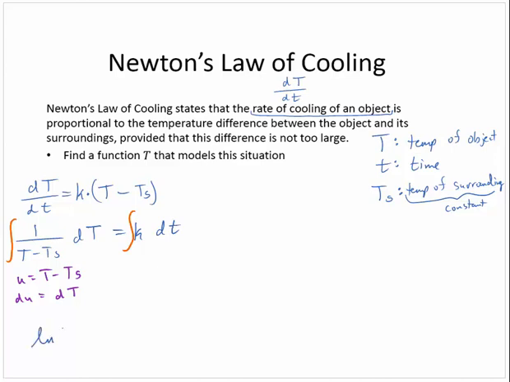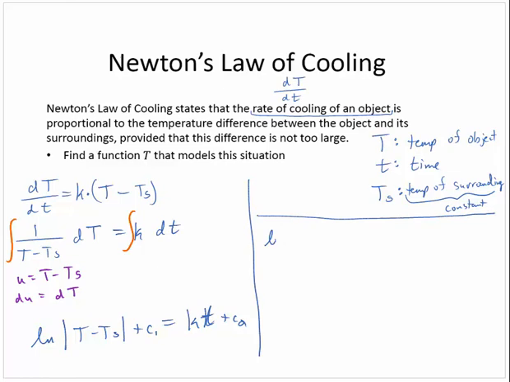So now the natural log of the absolute value of T minus T sub S plus a constant, I'll call it C1, is equal to kt, little t, plus C2. Again, I can write those two constants as a single general constant. So the natural log of the absolute value of T minus T sub S is equal to kt plus a general constant.